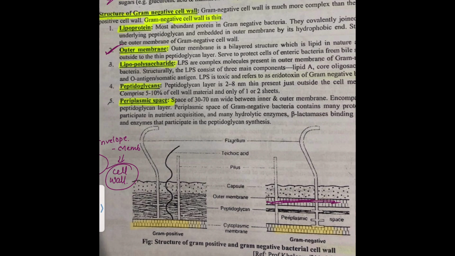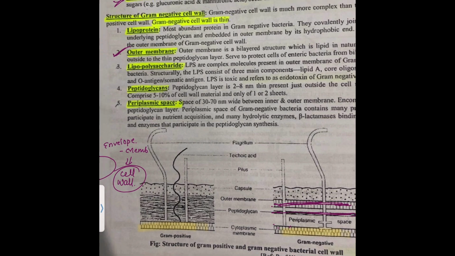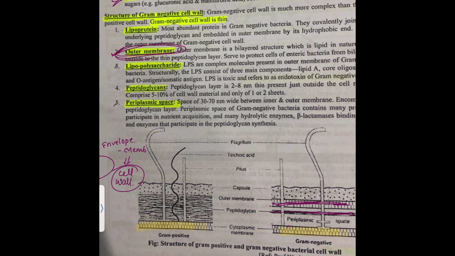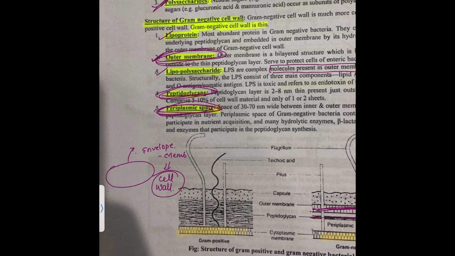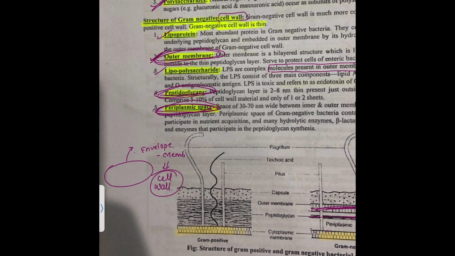So the cell wall will have the outer membrane, peptidoglycan, and periplasmic space. Then what are lipoprotein and lipopolysaccharide? LPS are nothing but molecules present in the outer membrane itself, so they are a part of the outer membrane. Mainly we just have three structures in the cell wall: outer membrane, peptidoglycan, and periplasmic space.